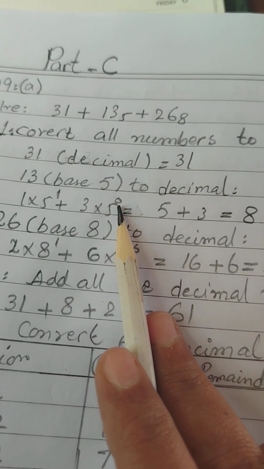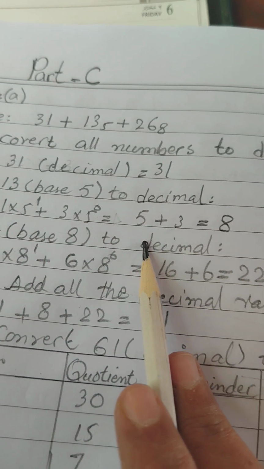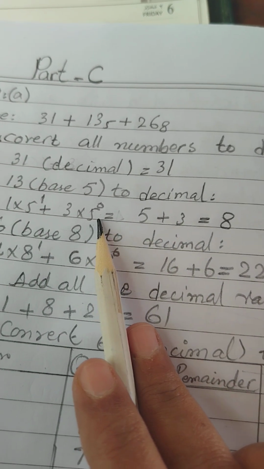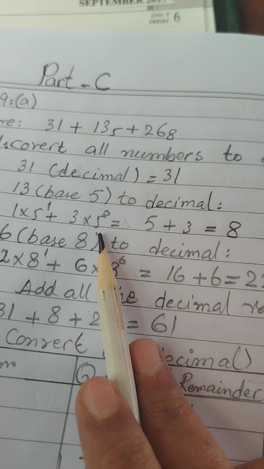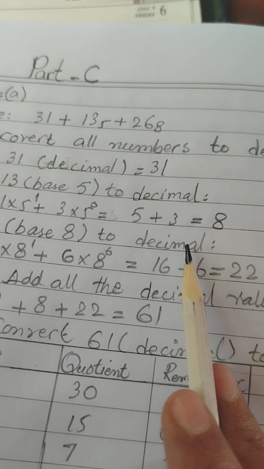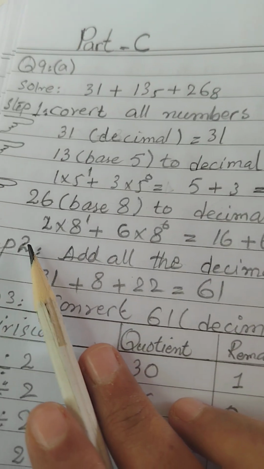First 5 power is 0, second 5 power is 1, 5 ones are 5, and 3 multiply 1. We know that the power of 0 is equal to 1. That's why 3 multiply 1 is equal to 3. 5 plus 3 is equal to 8.